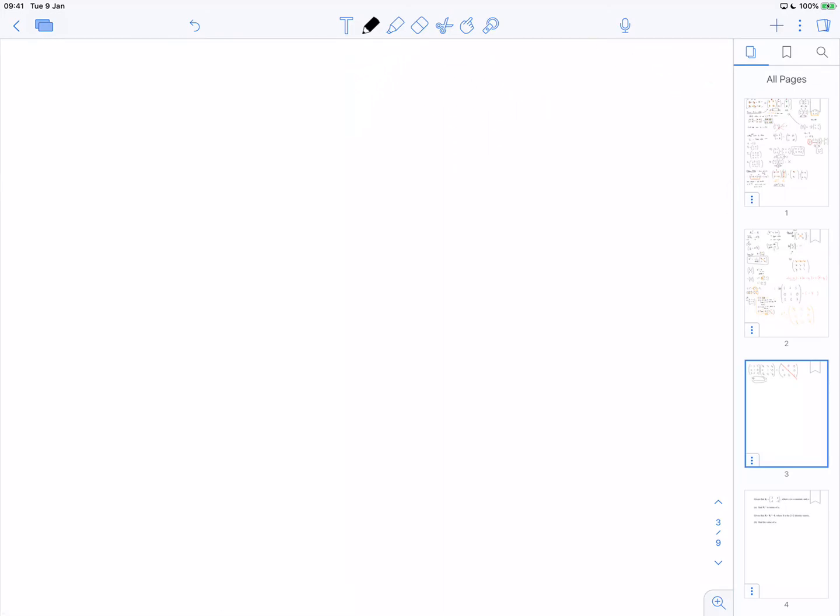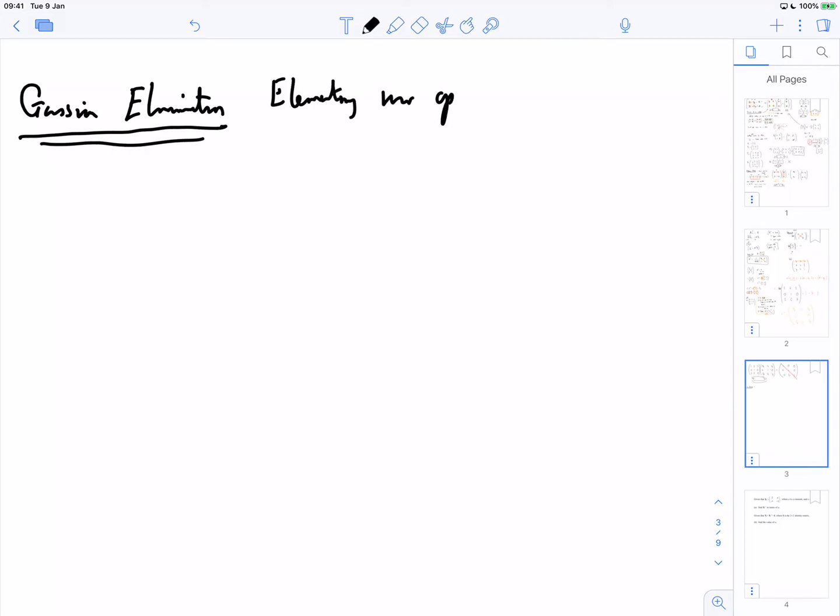And you won't learn this until university, but it's really easy. Now this might not be considered Gaussian elimination, actually, thinking about it technically. But essentially what we're going to be doing is elementary row operations on an augmented matrix. So here's the rule of the game.